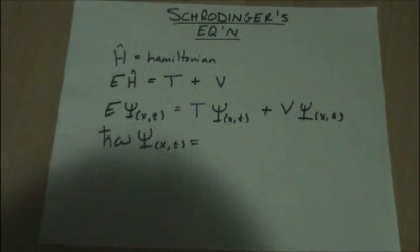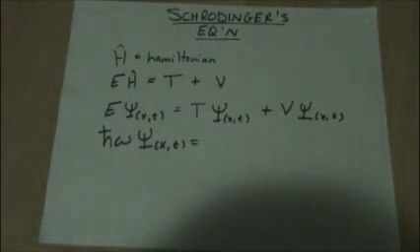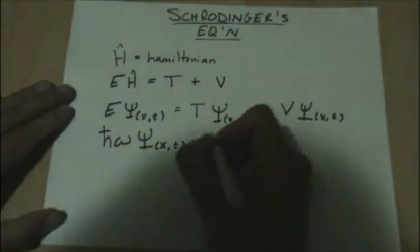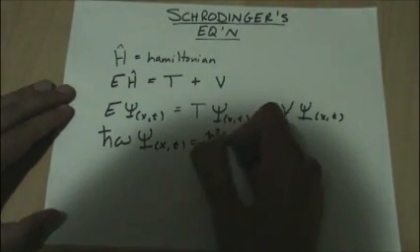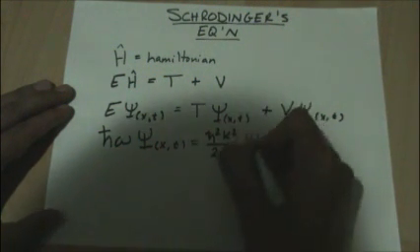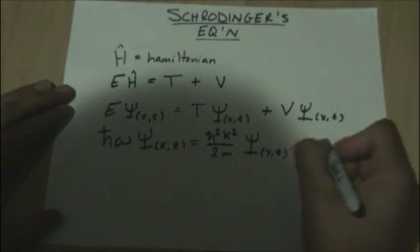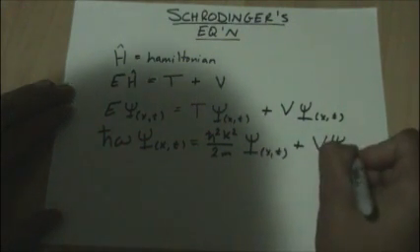And we should also know that momentum, which is p, is actually h bar k. So our kinetic energy would come out to being h bar squared k squared over 2m times psi of x comma t, plus V times psi of x comma t.